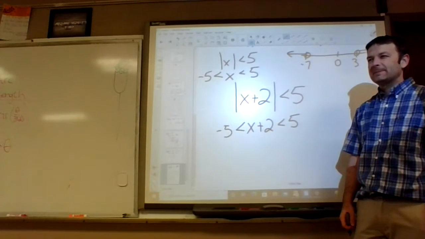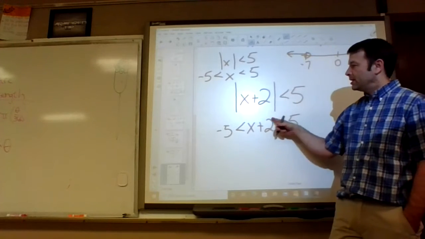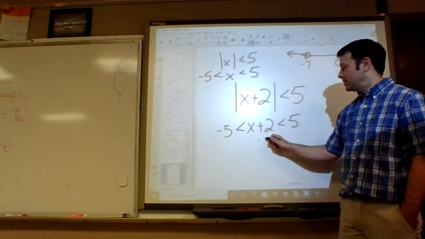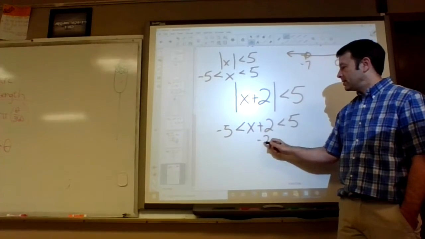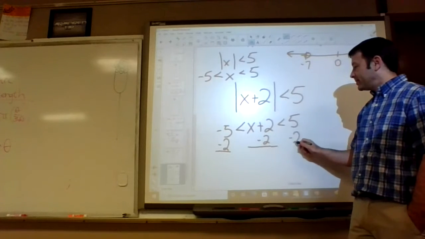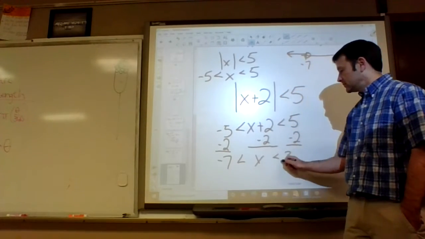Okay? So basically this thing is going to be between this number and its opposite. And you remember how we solved this the other day? Subtract from all sides, and just get x by itself in the middle here. So it looks like that.